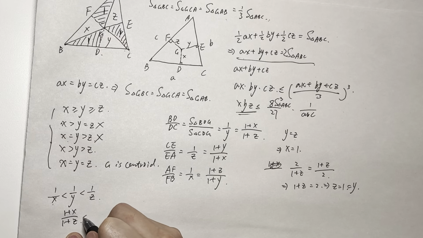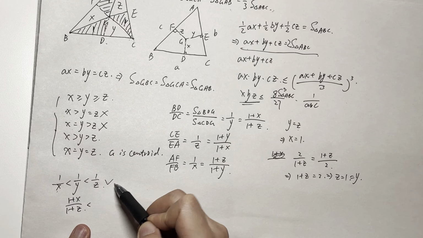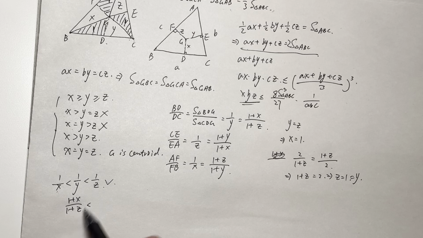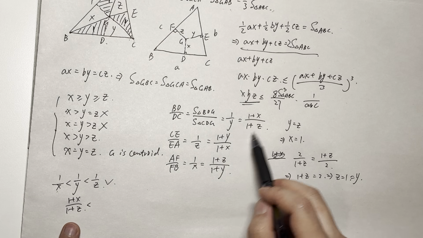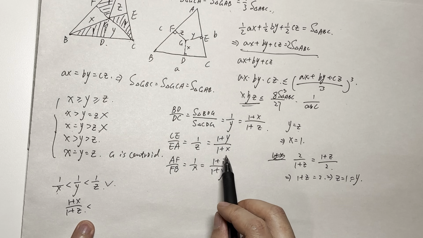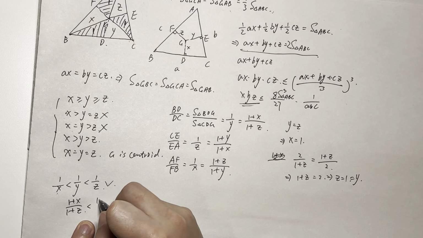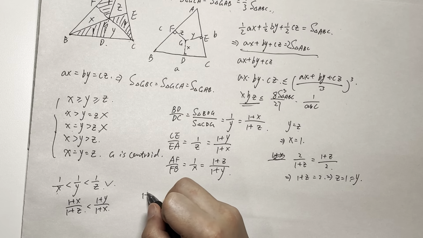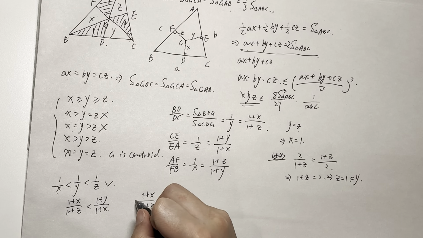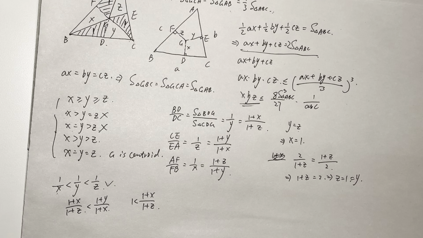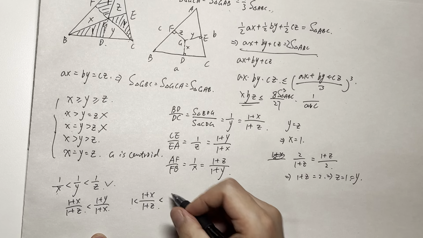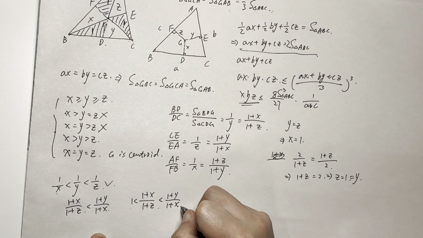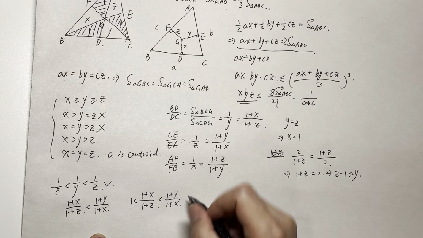So this should be valid if x larger than y larger than z, then 1 plus x to 1 plus z, which is 1 over y, should be smaller than 1 plus y to 1 plus x, right? And we already know that 1 plus x to 1 plus z should be larger than 1, because x is larger than z, so this is larger than 1, and 1 plus y to 1 plus x should be smaller than 1.